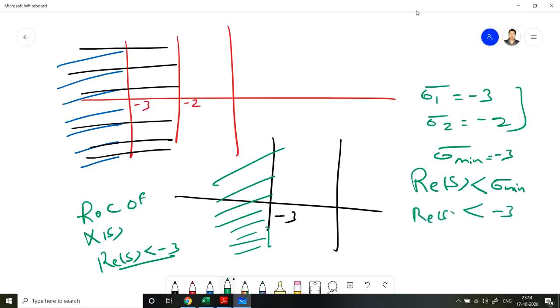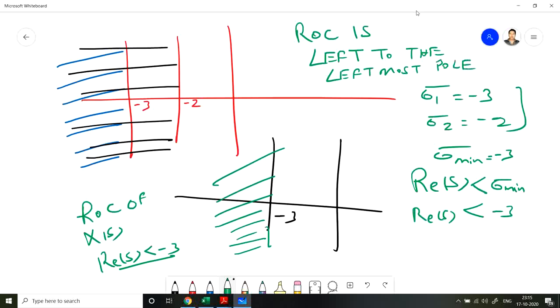So the ROC is to the left of the leftmost pole.